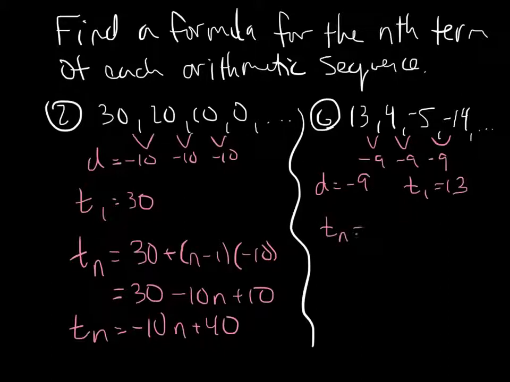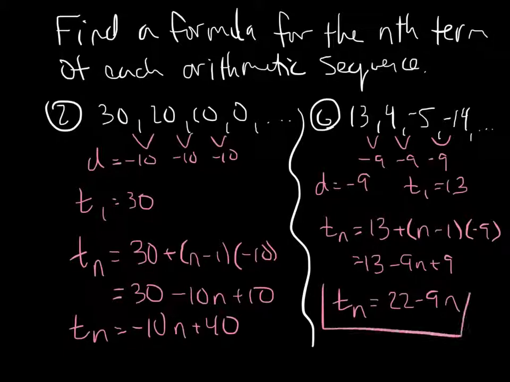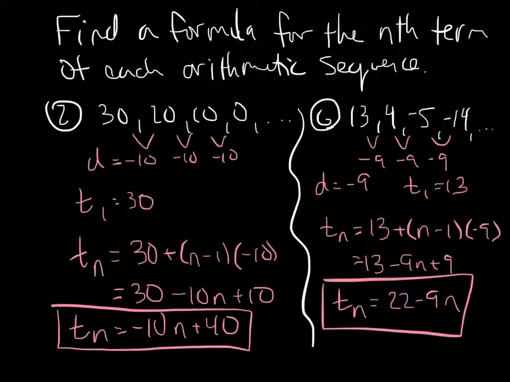So t sub n is equal to our first term plus n minus 1 times negative 9. It's 13 minus 9n plus 9, or t sub n is equal to 22 minus 9n. So we got that, and those are those types of examples.